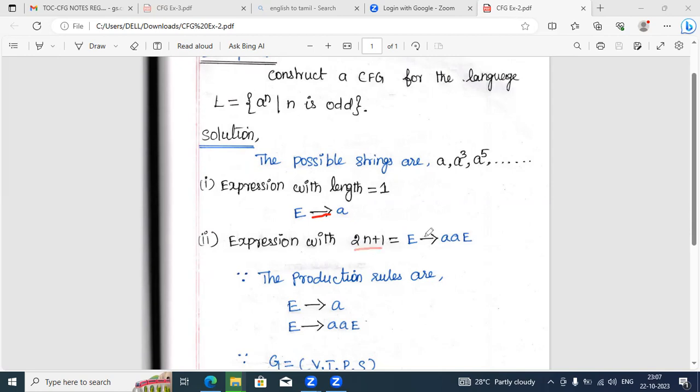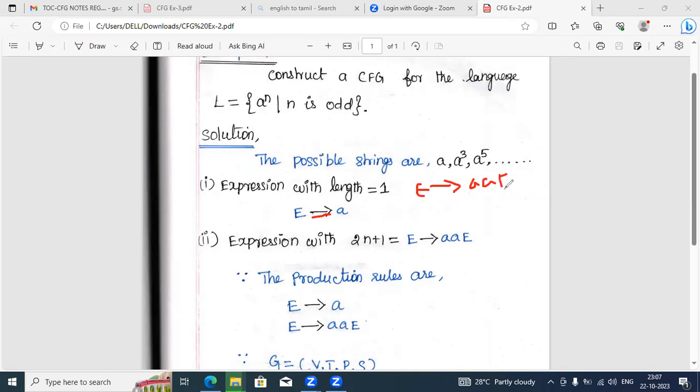The production is E → aaE. Here a is a terminal, and E is a non-terminal. How can we get 3 a's? If we want to produce aaa, what do we have to do? Initially, E gives aaE.